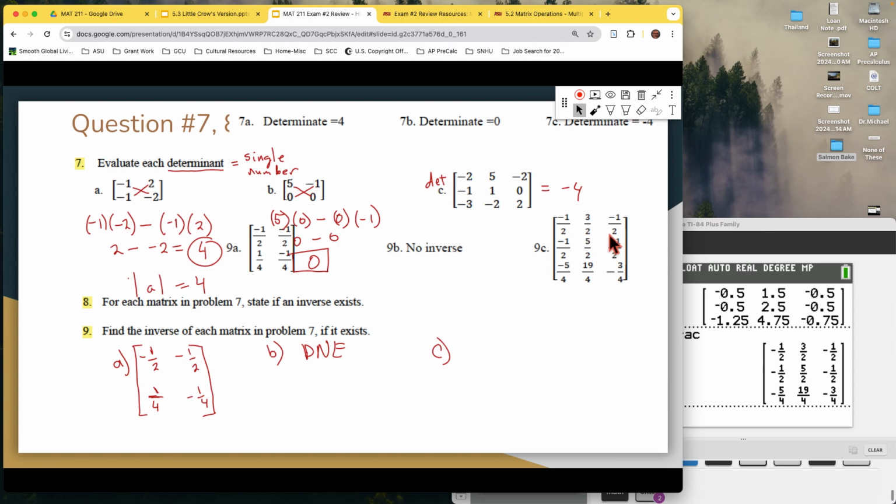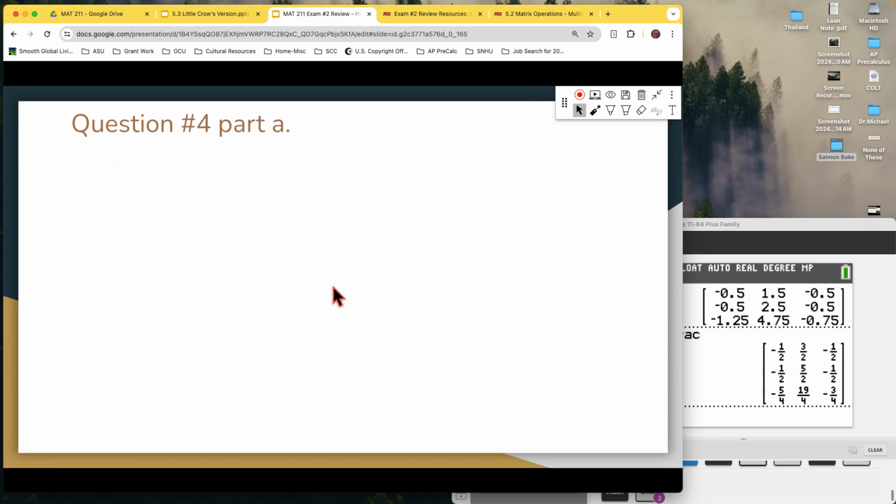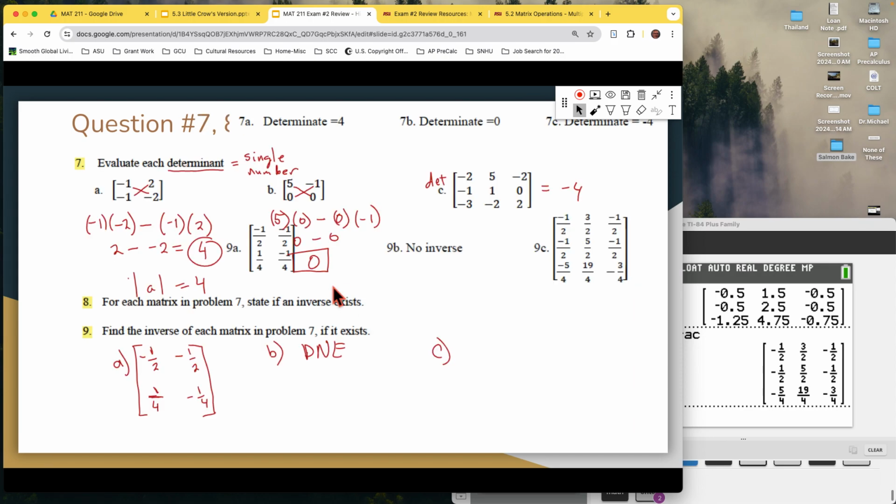You can see that is the same answers we got there, same answers we got here, and that there is no inverse for B. Another way to know that there would not be an inverse: there's never an inverse if the determinant is 0. So if you see a 0 determinant, you know there's not going to be an inverse.